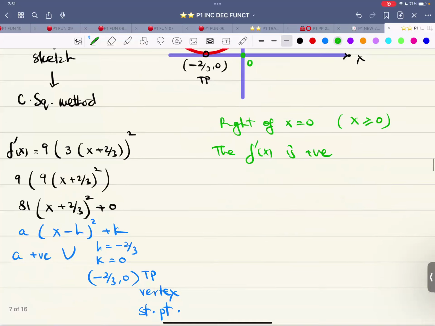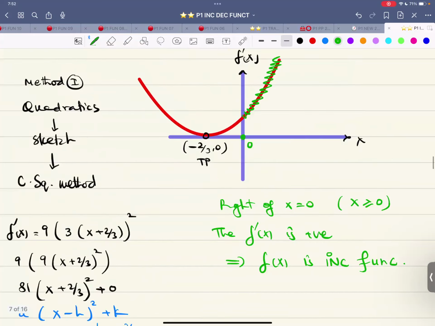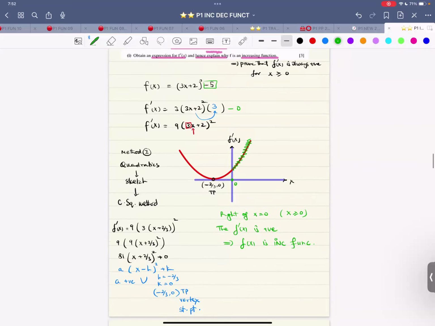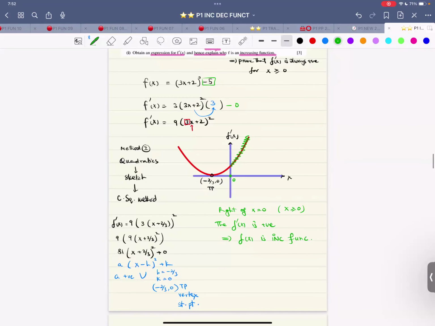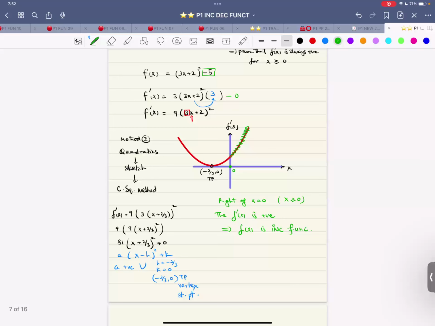Since f'(x) is positive, therefore the original function is an increasing function. That is the logic that we use. So now I have reduced it. Have a good look at it. So this is the explanation of question 6, in which there is English and there is math. And it's a mixture of both things because you have to do the explanation.